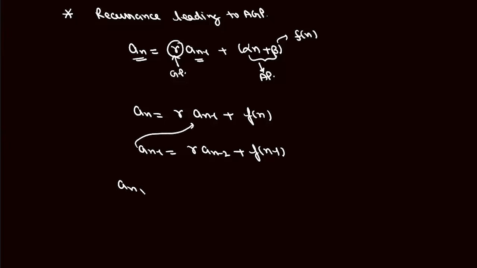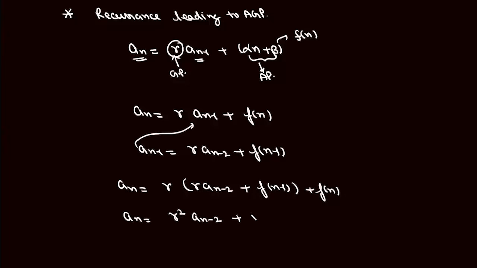So it will be a_n equals r into r a_(n-2) plus f_(n-1), plus f_n. So this a_n will be r square a_(n-2) plus r f_(n-1) plus f_n.